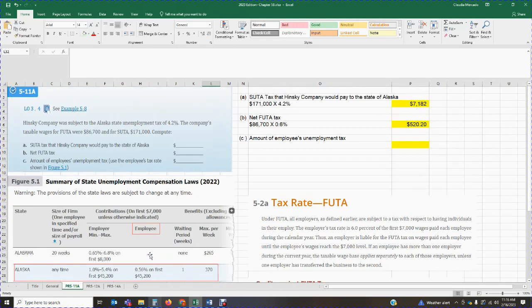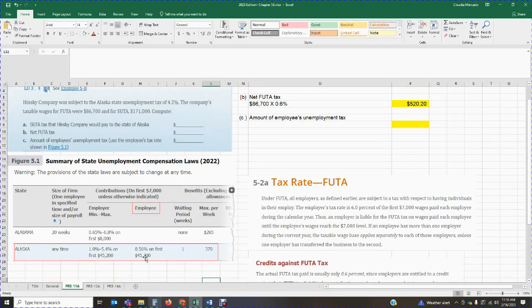Now, the problem occurs where students get confused, where they read 45,200 and they assume that is what we need to multiply it by. Now this is by employee. Every employee needs to pay up to $45,200. Once they reach that number, anything above that, they don't have to pay any more SUTA taxes. But this is by employee.